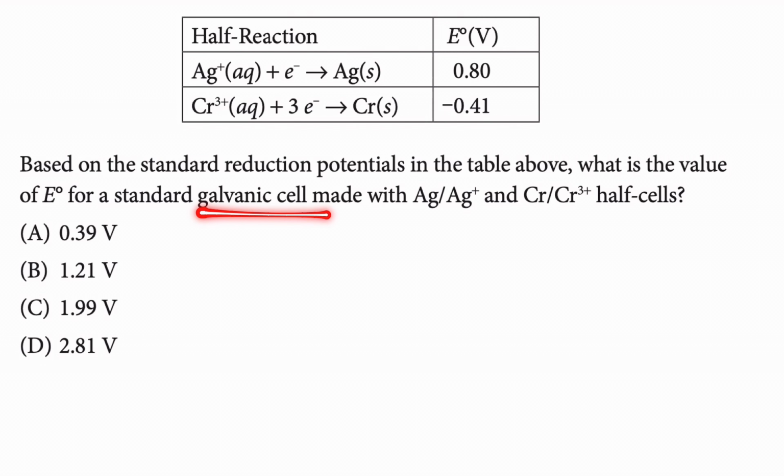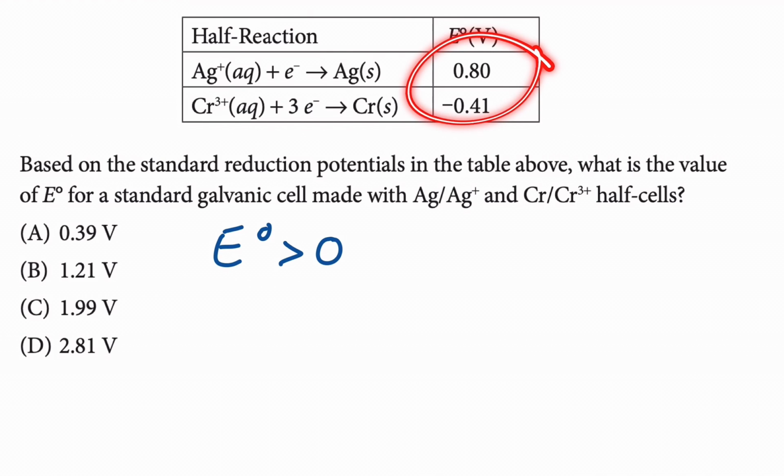This is a galvanic cell, so E needs to be a positive value. That means we need to flip one of these before we add them together so we get a positive number. That means we need to flip the second one, and that's it. You don't change the magnitude, you just change the sign.